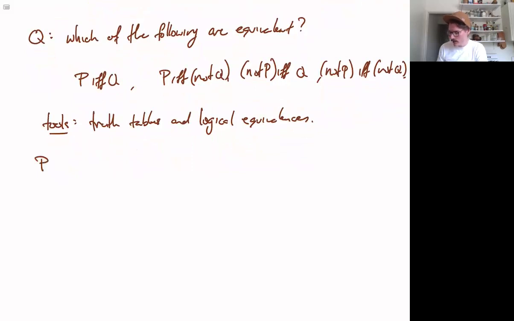We start with writing down the truth values of our two basic propositions.